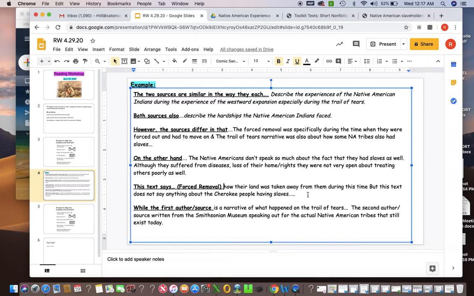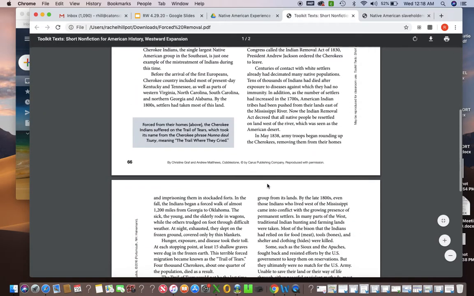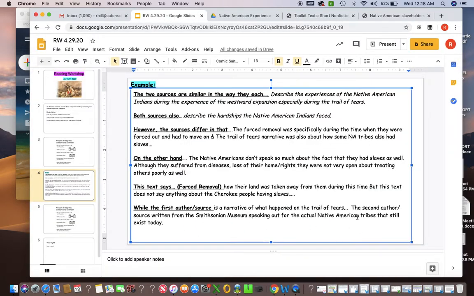While the first author and source is a narrative of what happened on the Trail of Tears, right? Somebody is telling us this story and what happened during this time. The second author source is written from the Smithsonian Museum, speaking out for the actual Native American tribes that still exist today.